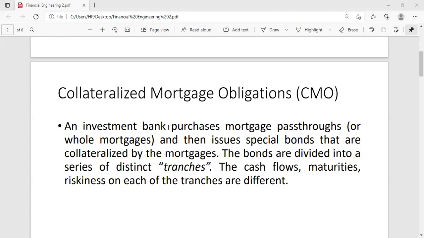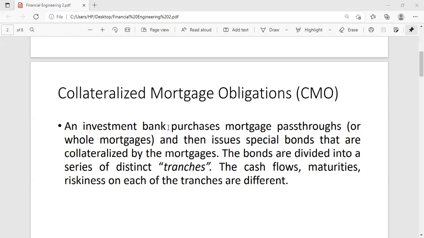Before interpreting this statement, in the case of mortgage-backed securities, the investors of the pass-through certificates have an identical pattern of risk, identical cash flows, identical instruments.